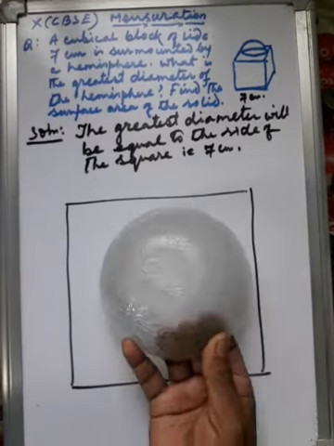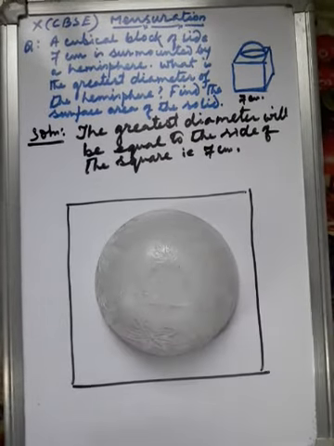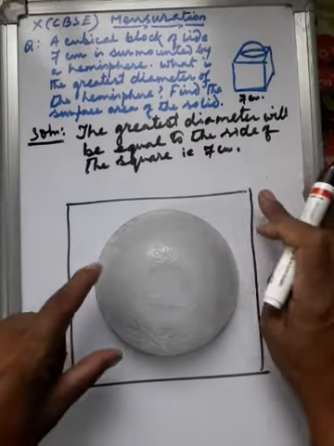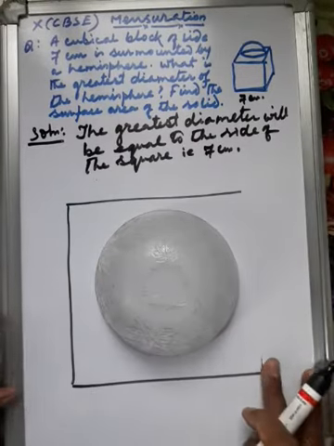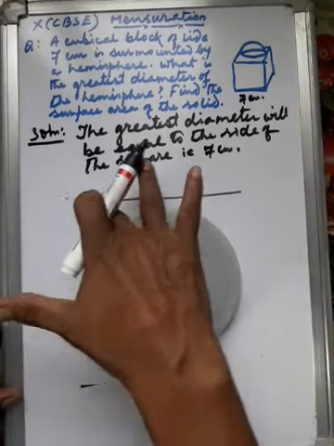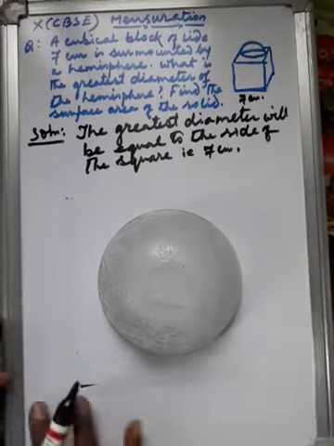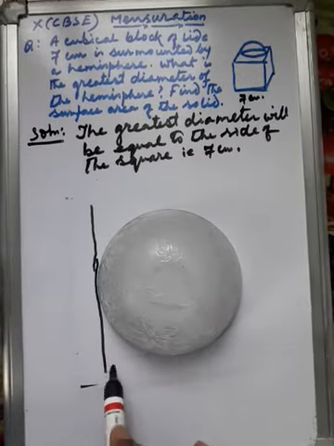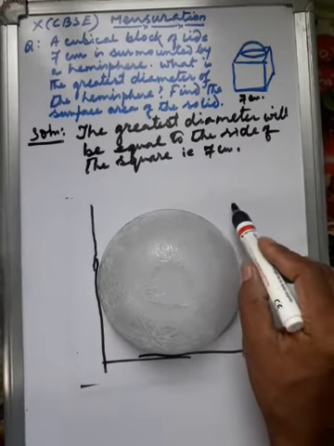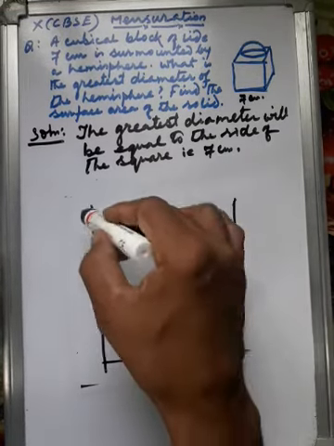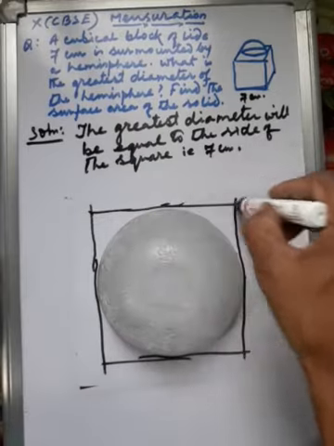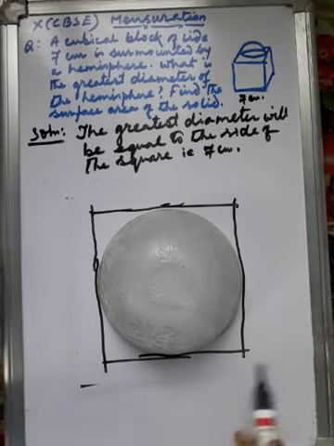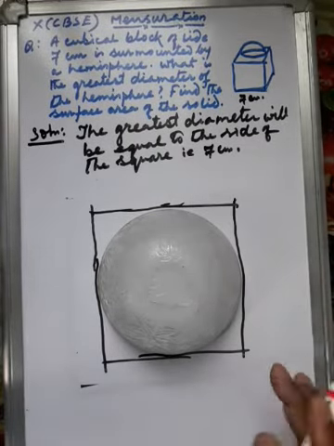If you place it over it, what will happen? I'm redrawing it because greatest means it must touch all the sides of the square. Suppose it is touching all the sides of the square. Okay, so this is the greatest hemisphere placed over here.